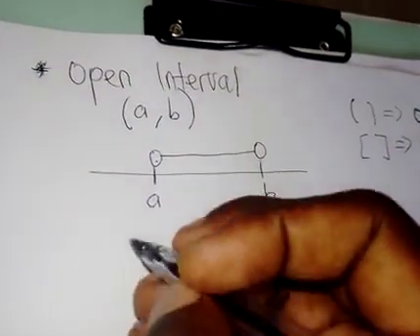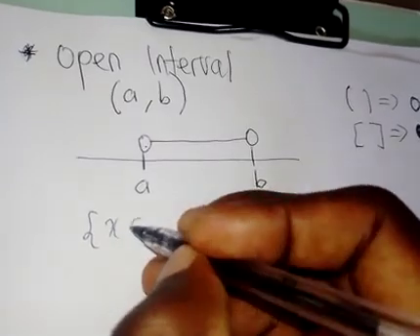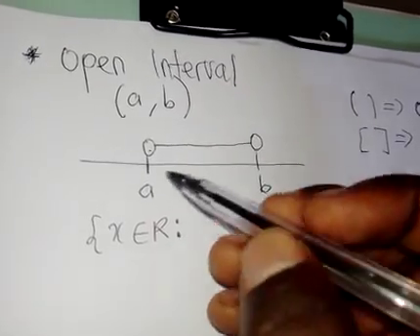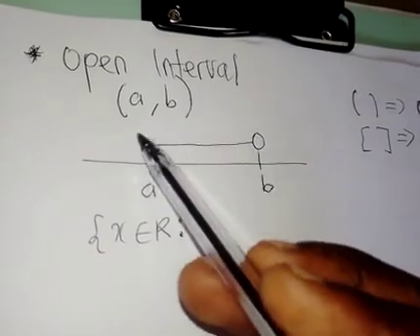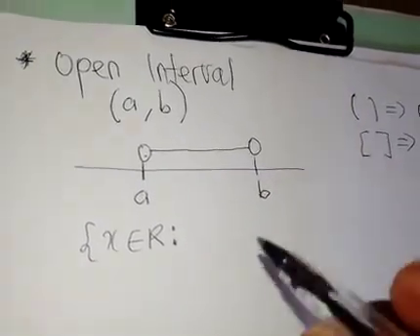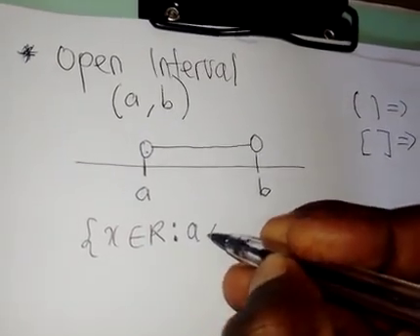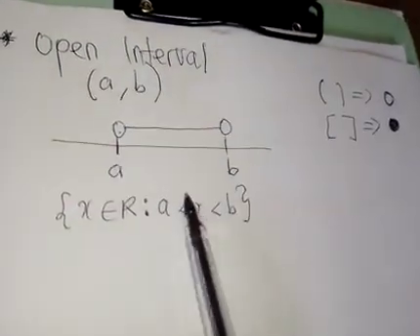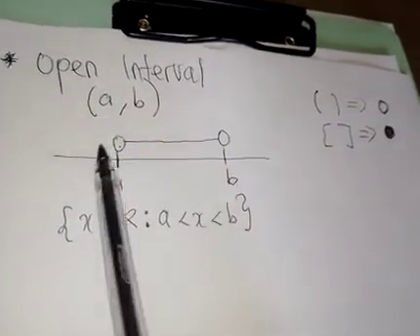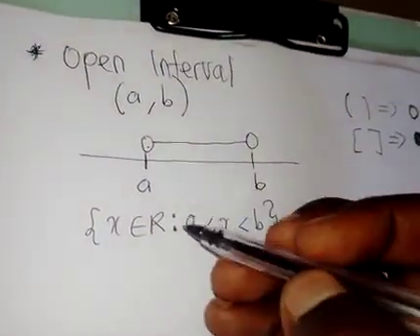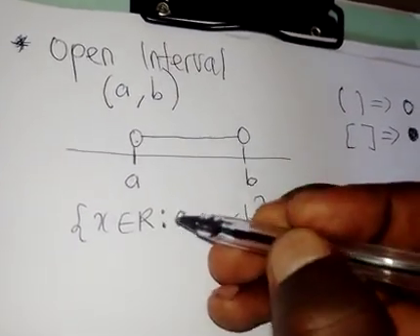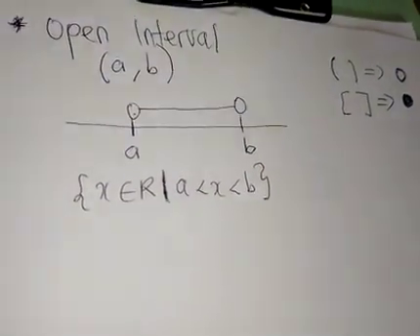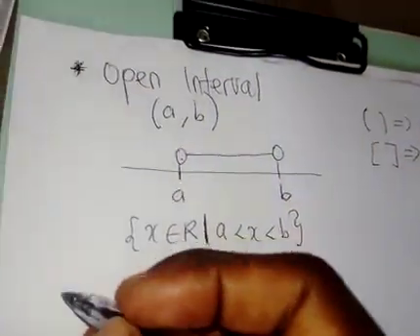Since we are using real numbers, we say x is a member of real numbers, such that, this is just from A to B. There we are describing this region only from A to B. So we can say A is less than x less than B. Again, take note, we have used less than because of the round brackets and not being shaded. Then for "such that" you can use a colon or simply a bar like this. That's one and the same. So that's it for an open interval.